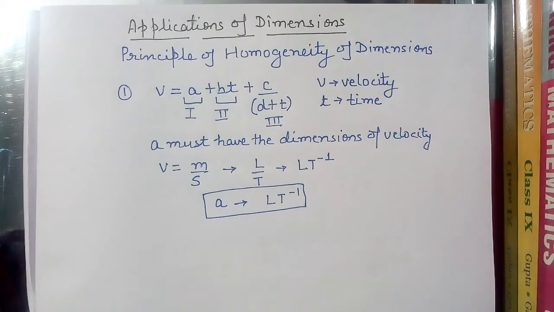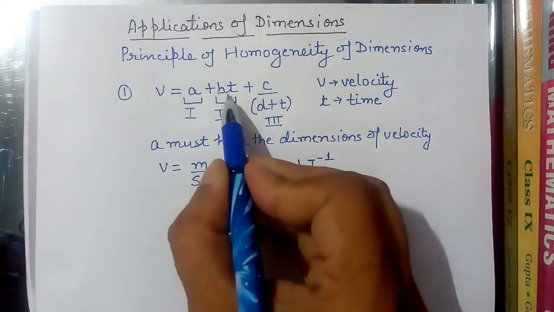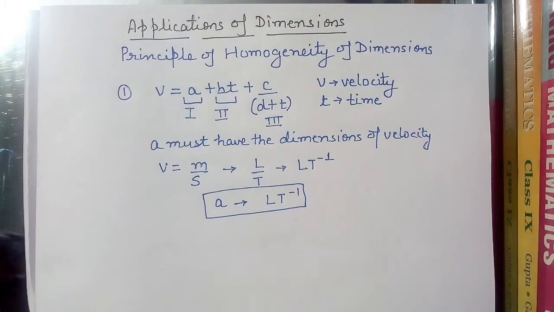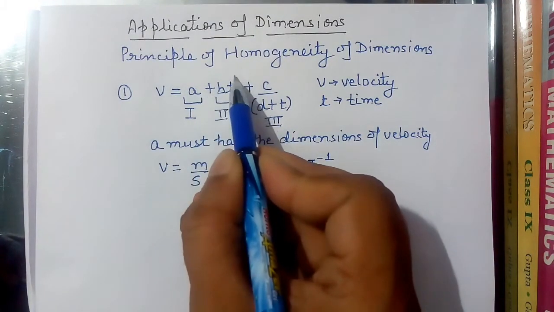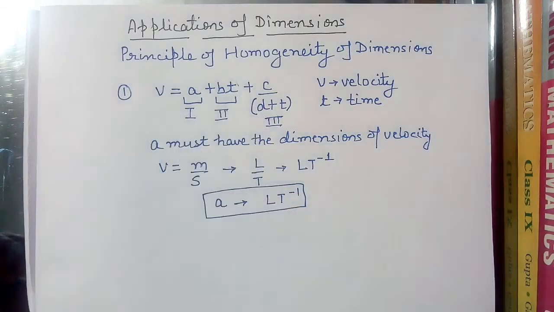Okay. Now come to the second part. In the second part, we have two terms in multiplication, B multiplied by T. As we have already discussed, this whole thing represents the dimension of velocity.